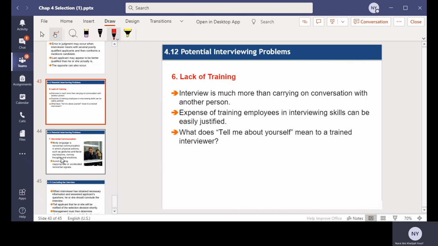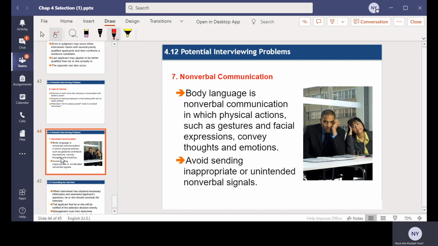All right, and then the last problem is non-verbal communication. So you see, this is a body language problem. Body language is non-verbal communication, in which physical actions such as gestures and facial expressions convey thought and emotion.